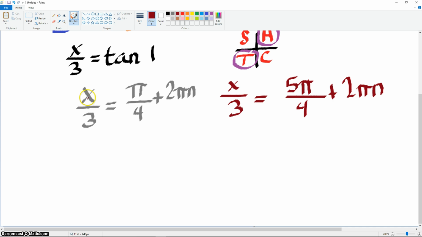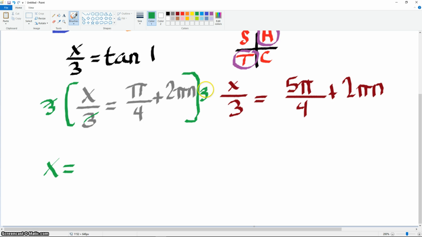But we're not done just yet, because I want to find x. Right now I have x over 3 and x over 3. So how do I get rid of a division by 3? We're going to multiply by 3 on each side. If I multiply this times this, my 3's cancel, leaving me just with x.